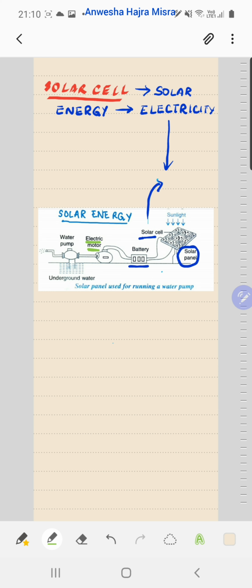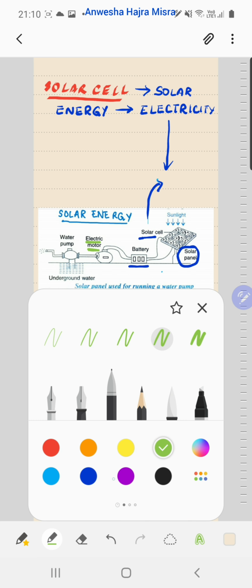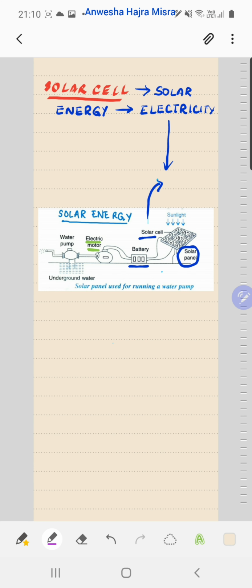Now, what are the advantages of this solar energy? Number one, they do not require any maintenance.